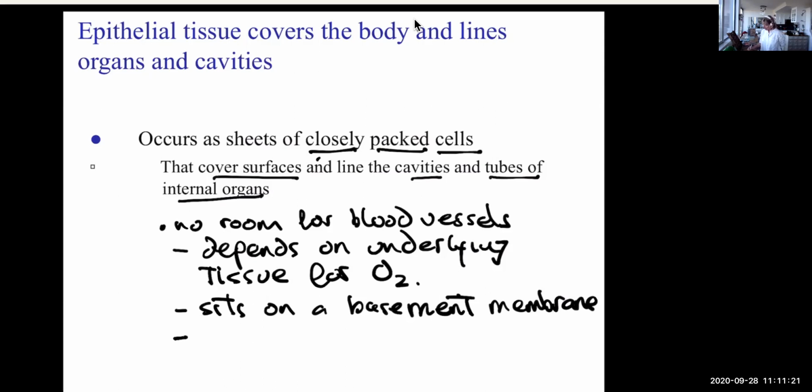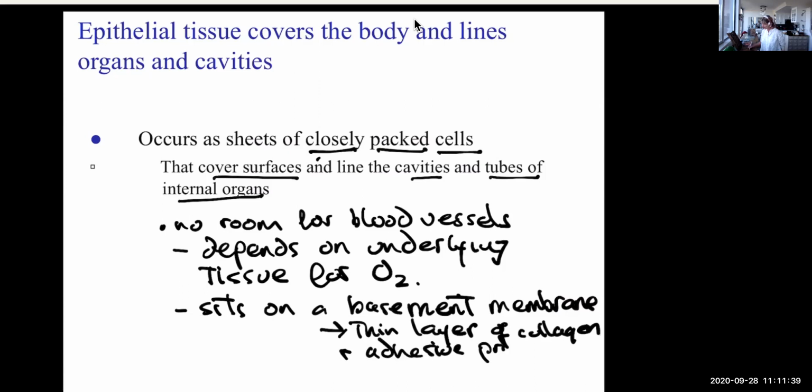It consists of a thin layer of collagen and adhesive proteins.